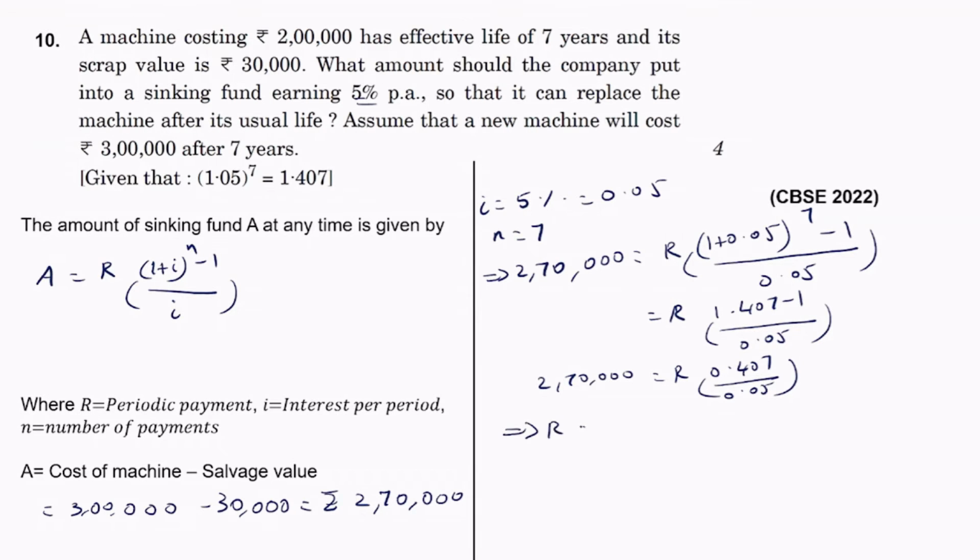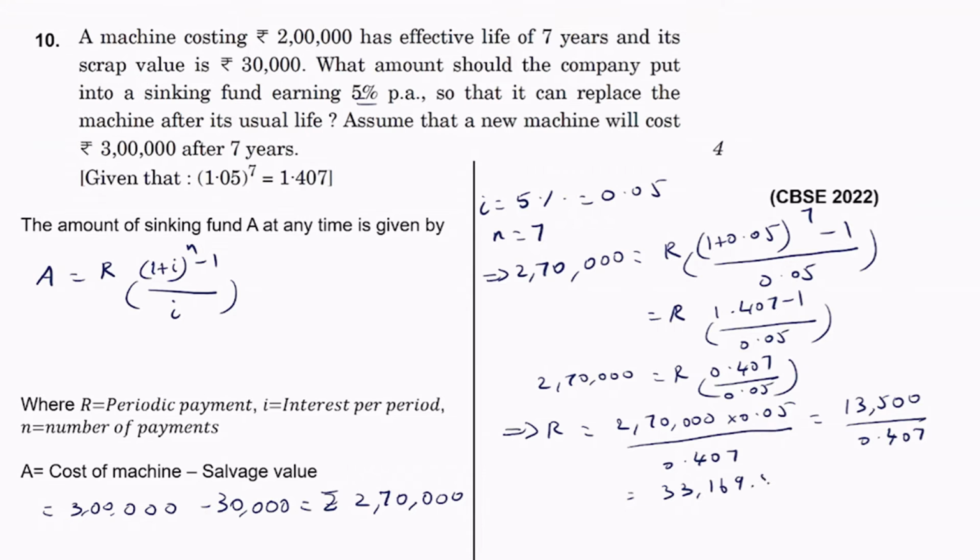So from this we have R is equal to 2,70,000 into 0.05 upon 0.407. So 2,70,000 into 0.05, it is 13,500 upon 0.407. So this, when we simplify, we get it as 33,169.53 rupees.